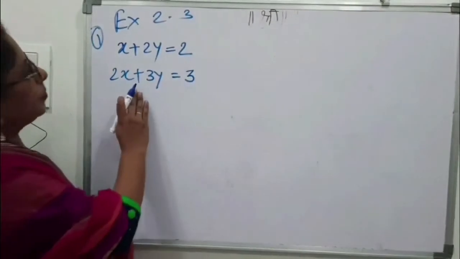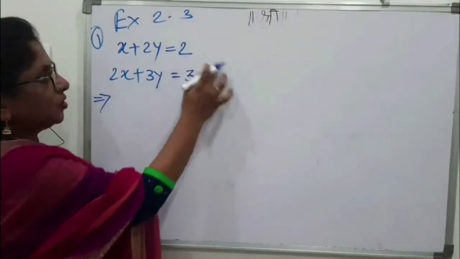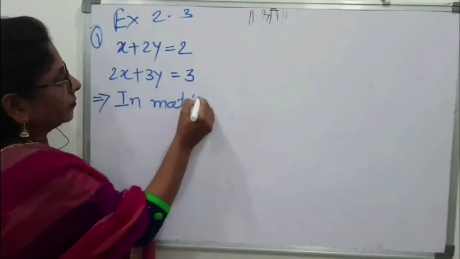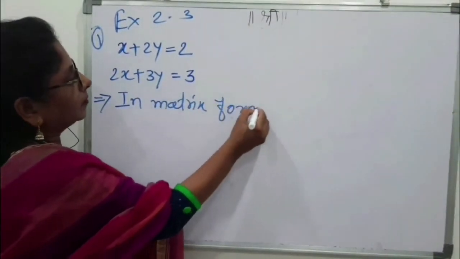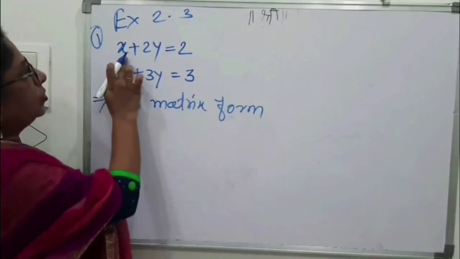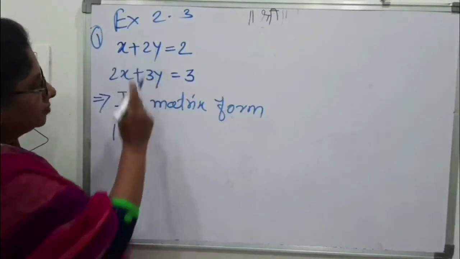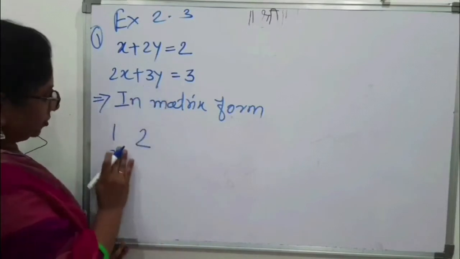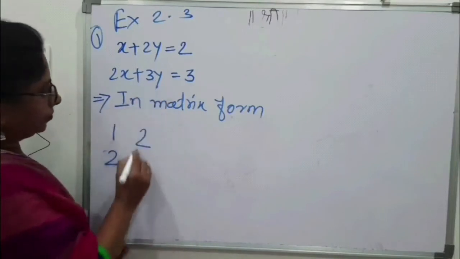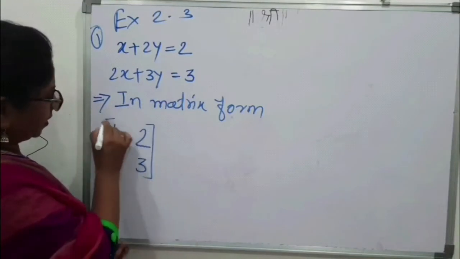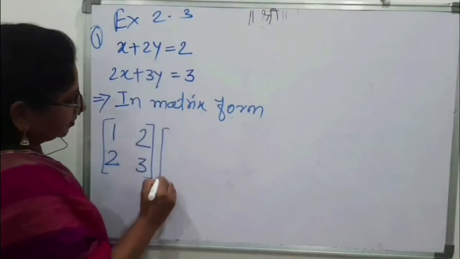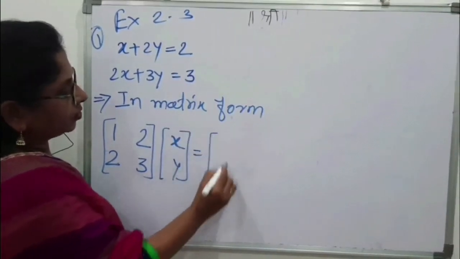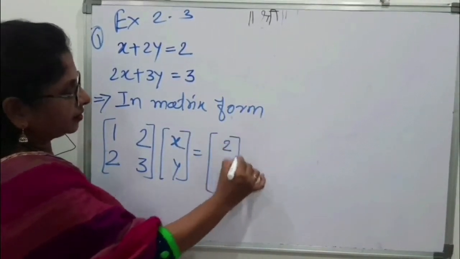First we will write these two equations in matrix form. 1, 2, 2, 3, then the variable matrix x, y, then the constants.